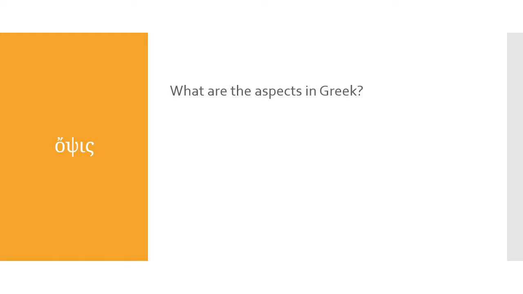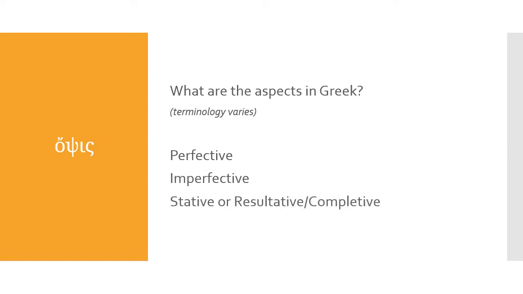So obviously, what are the aspects in Greek? Well, terminology varies. I use a set of terminology in this course, which I think is fairly consistent, which I think reflects ancient usage to a large extent, and which I think reflects contemporary understandings. So I will use in English the terms perfective, imperfective, and stative or resultative completive.